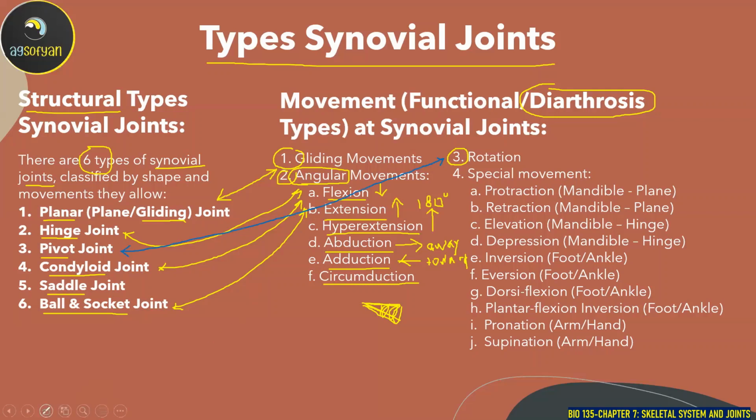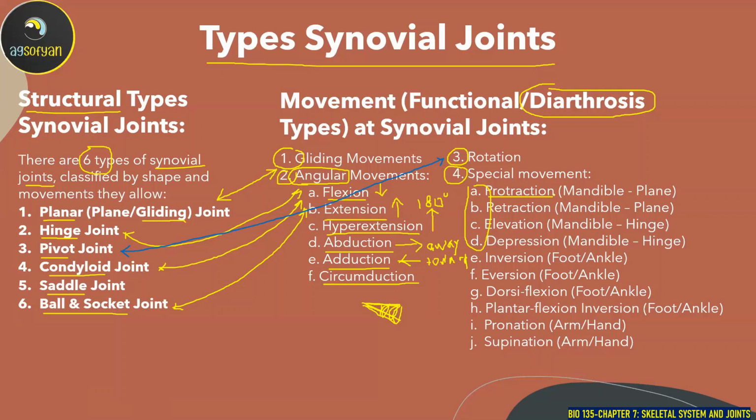And the last one is called the special movement. This is special movement on special area, like for example, on the mandible and lower jaw, you can move into 4 types of movement. Okay, when you move your jaw forward, this is called the protraction.